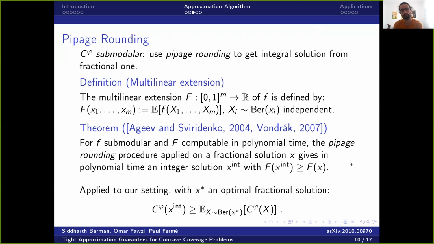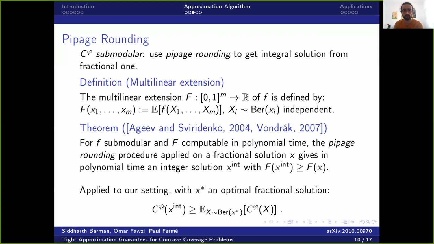And so in our setting, let's call x star an optimal fractional solution. This means that C phi of x int indeed is larger than the expectation of this. Indeed, when the multilinear extension big F is taken on integer points, it's equal to small f.